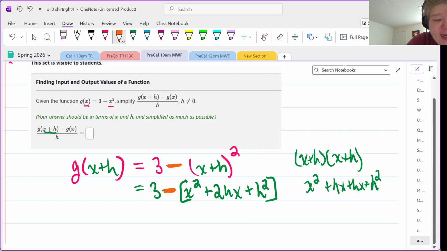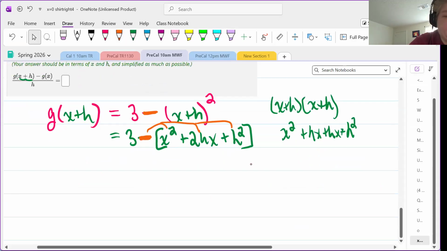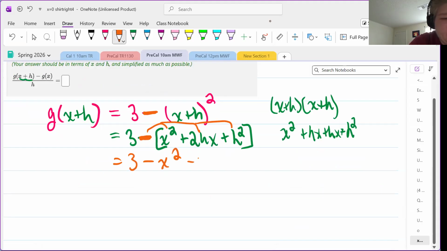So we need this minus sign to distribute through these parentheses. And this is the part that's really easy to miss on the Webwork question. So g of x plus h is 3 minus x squared minus 2hx minus h squared.